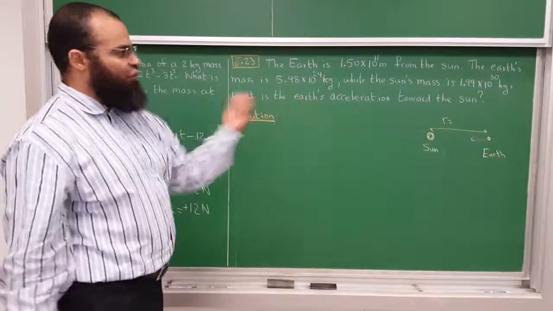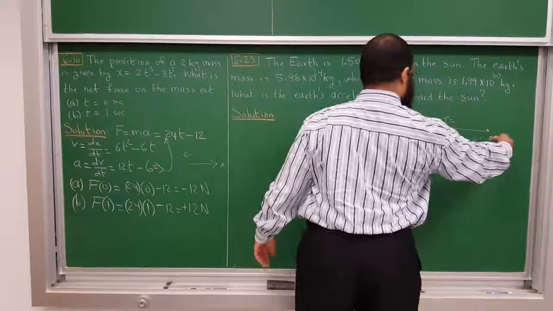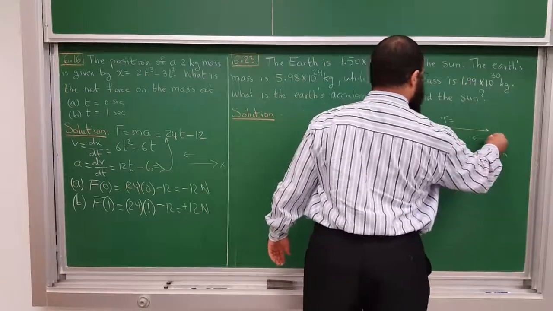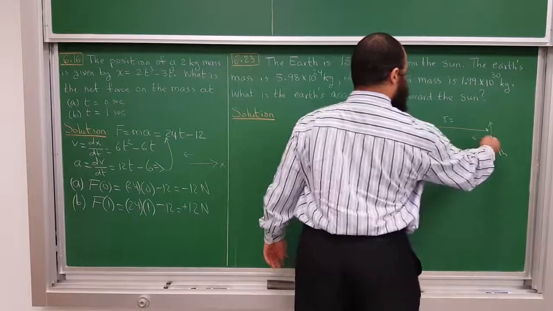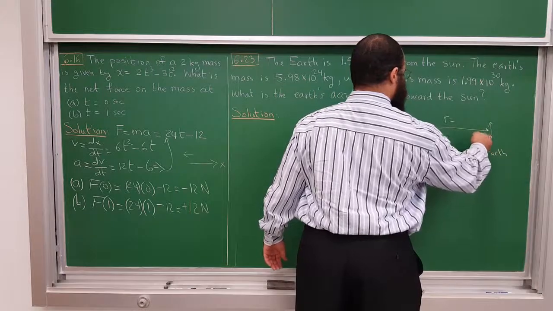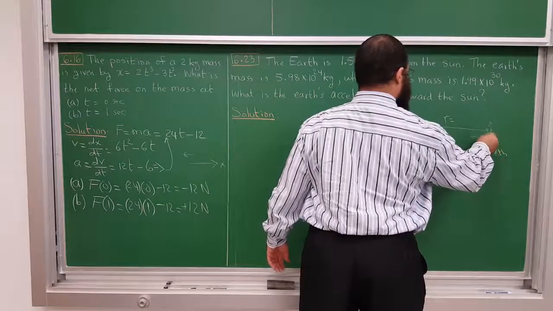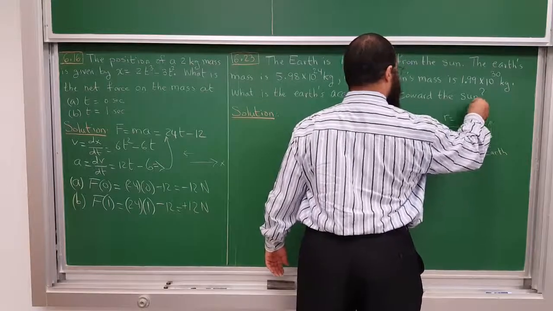So the Earth will be moving toward the Sun. By the way, it will accelerate toward the Sun, but it doesn't collide with the Sun, because it has a velocity this way. So by the time it has accelerated toward the Sun here, the Earth is there, because you still have a velocity this way. Once you're there, you still have a tangential velocity.